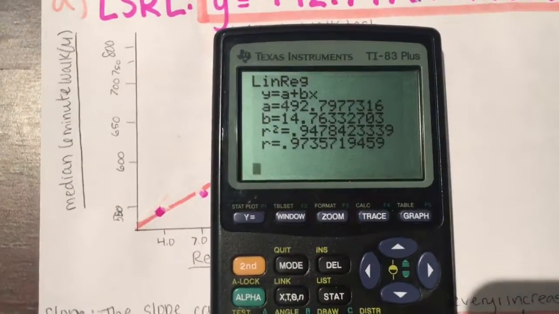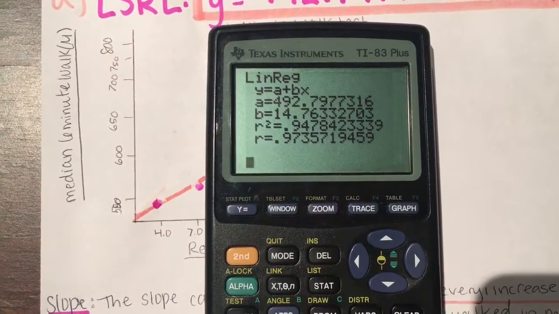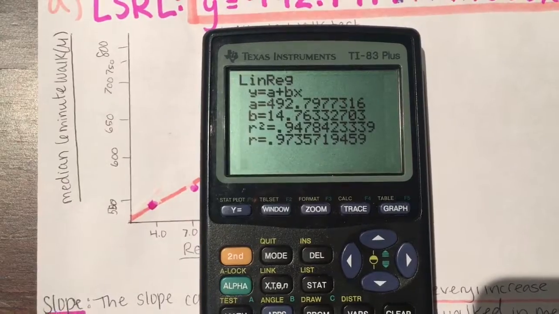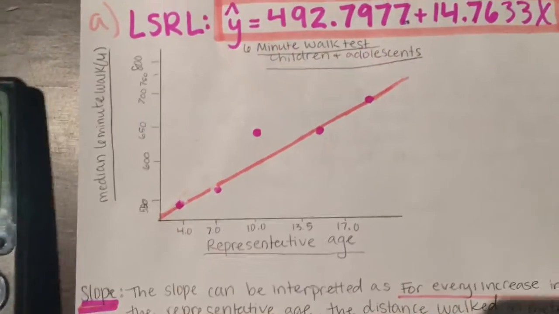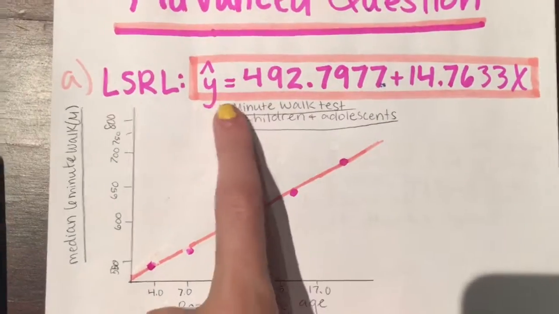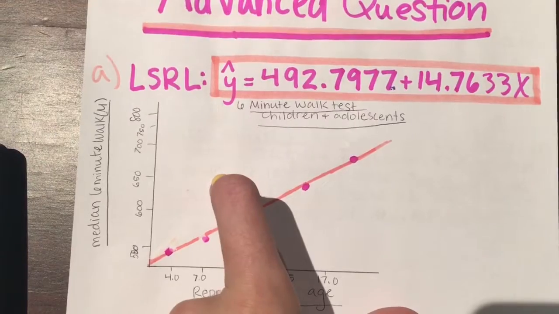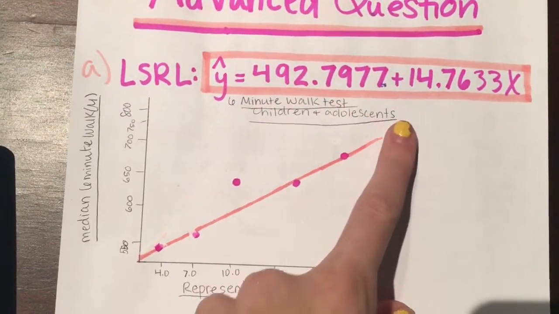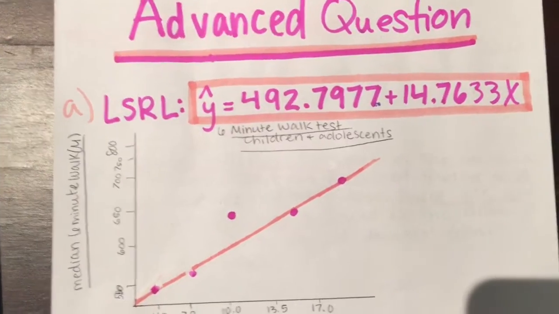And for a, you get 492.7977, and for b, 14.7633. And that's how I got my equation: y hat equals 492.7977 plus 14.7633x.